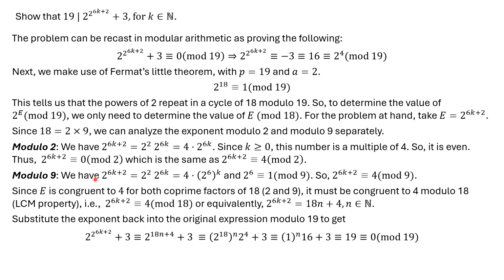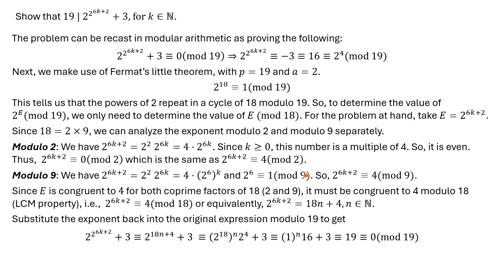So if we take 2 to the 6k plus 2 and evaluate it mod 9, first we simplify this. We get 2 squared times 2 to the 6k, which is 4 times 2 to the 6k. And then 2 to the 6th is 64, and so that's 1 mod 9.